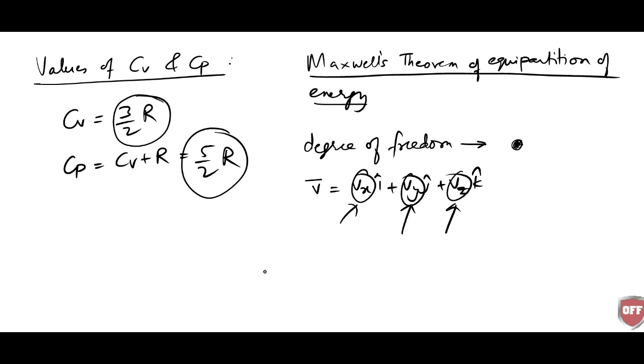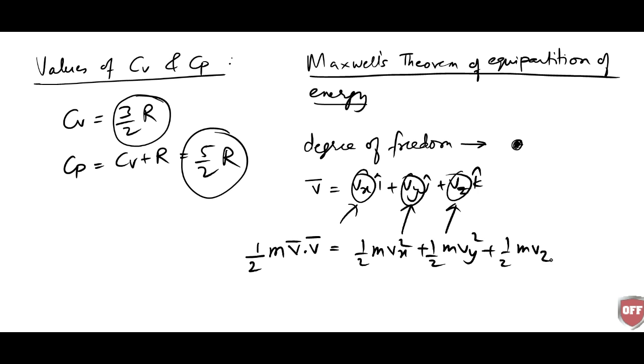Now the kinetic energy of this monatomic gas molecule, which is half mv square, can be written as half m v bar dot v bar, and if you just do the computation, it's going to be half m into Vx square plus half m into Vy square plus half m into Vz square.